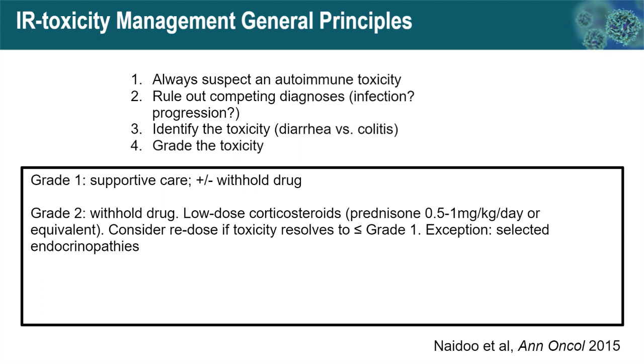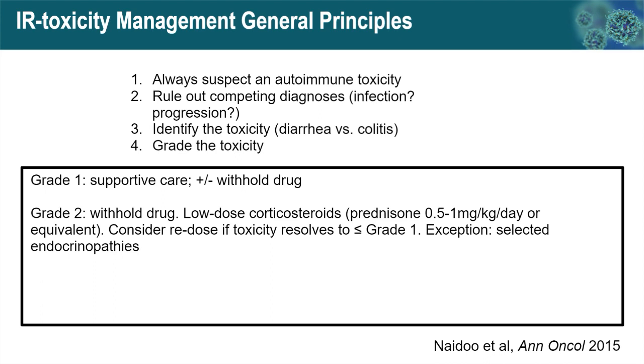In these instances, in most cases, the immunotherapy agent will be held, and one would consider treatment with low-dose corticosteroids, which are given at a dose of prednisone 0.5 to 1 milligram per kilogram per day, or the equivalent. These corticosteroids are usually continued for a number of days until the toxicity improves to grade 1 or less. And in a standard fashion, it is usually continued and tapered over 4 to 6 weeks.